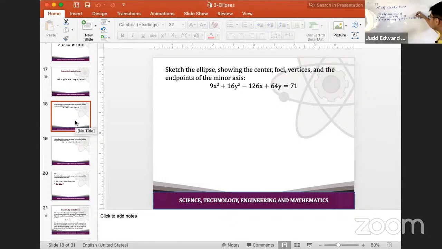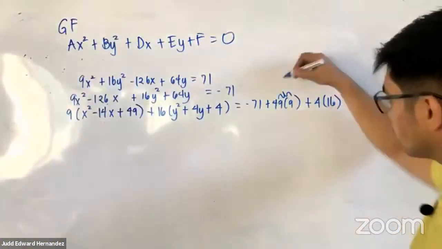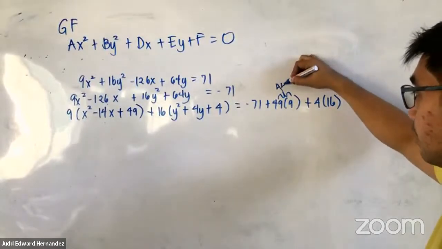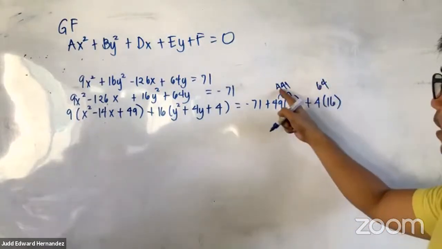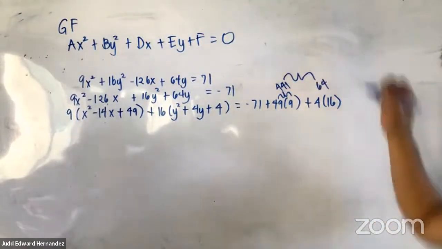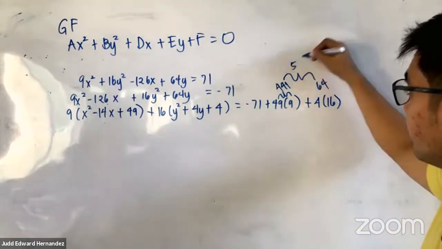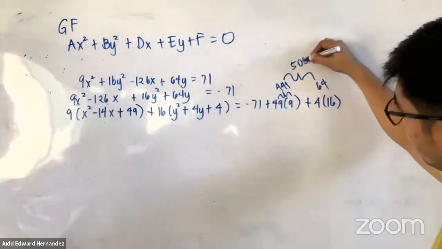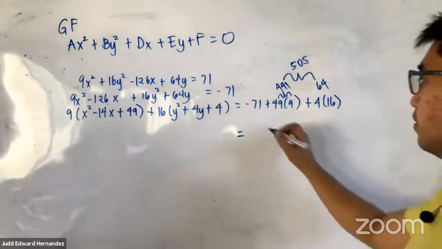What is 49 times 9? 441. 4 times 16 is 64. Please add 441 plus 64. 505. 505 minus 71. 434.